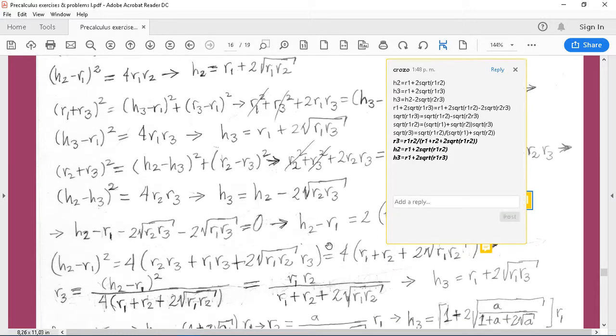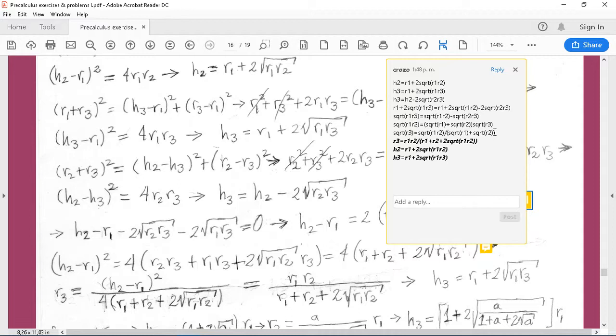This means that the square root of R3 equals the square root of R1R2 divided by the sum of the square root of R1 plus the square root of R2. That leaves us with R3 being equal to R1R2 divided by the sum of R1 plus R2 plus 2 times the square root of R1R2.